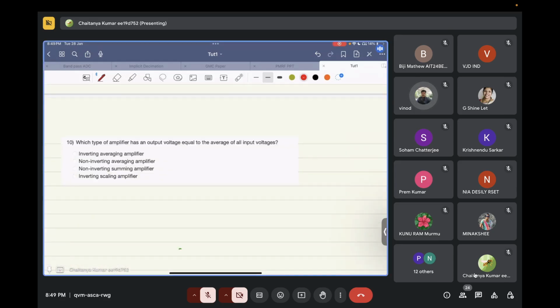Now, last question of the day. Which type of amplifier has an output voltage equal to the average of all input voltages? Can anyone think of a circuit which will have the average of all the input voltages?